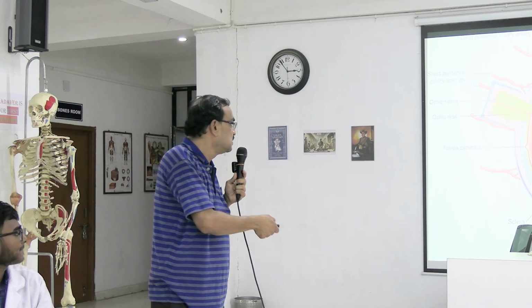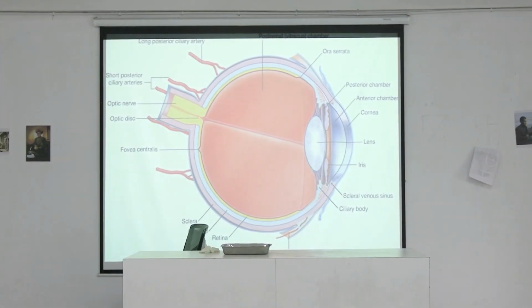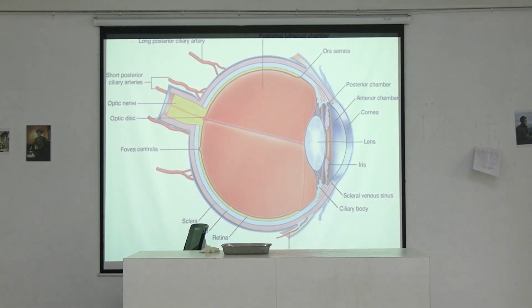And most inside we will get another layer, the pigment layer, over which the nervous layer of the retina rests. Actually this pigment layer is the part of the retina. You can see this layer over which the retina rests, that is the pigment layer.